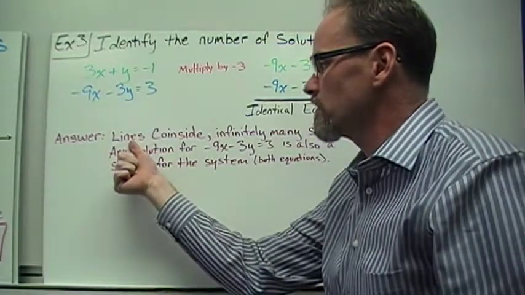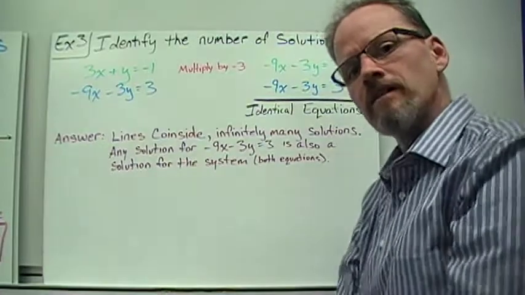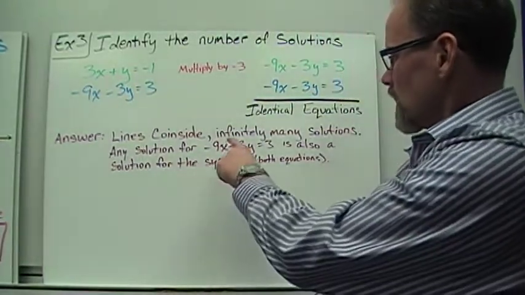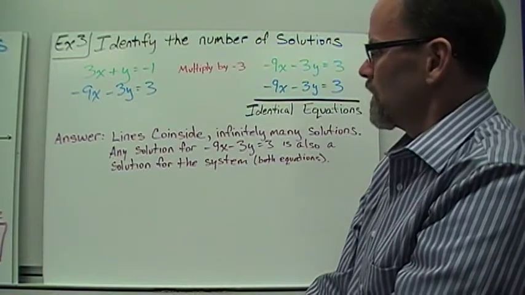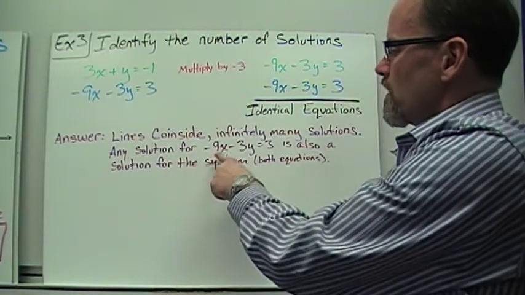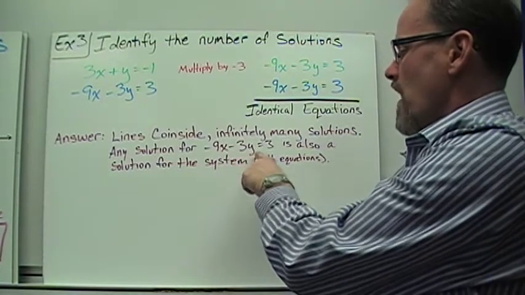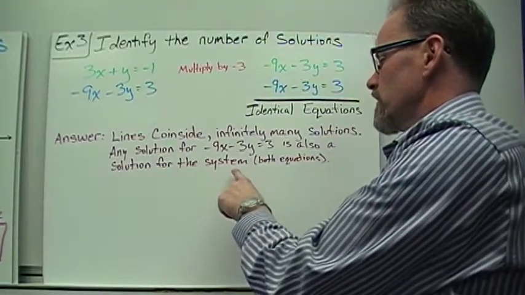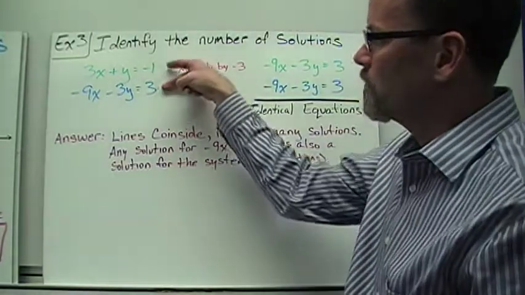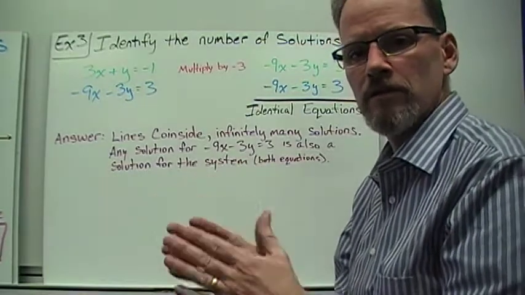Because of that, the answer is that these lines coincide, meaning they're going to be right on top of each other, and it has infinitely many solutions. Any solution for this particular equation, -9x minus 3y equals 3, is also a solution for the system. Both equations have infinitely many solutions.